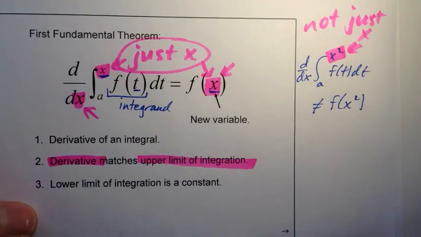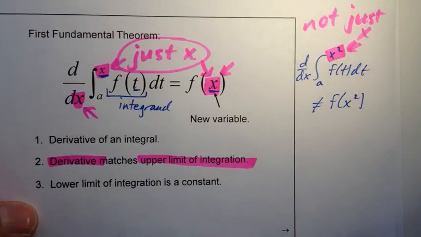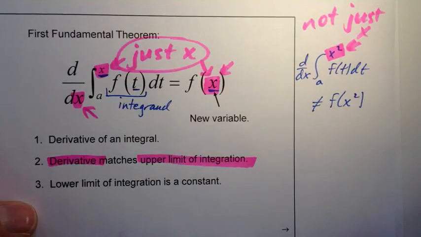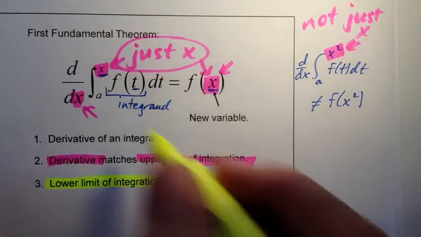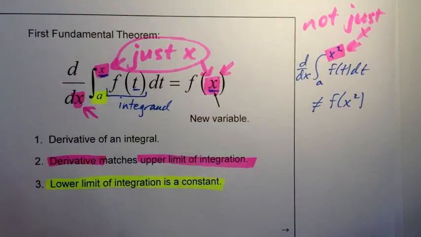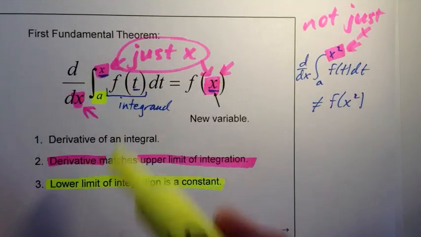I realize that I'm giving you a lot of build-up without really giving you any problems here, but we'll see some problems in a bit. The lower limit of integration must be a constant as well. It's got to be a constant. And we have the derivative of an integral.